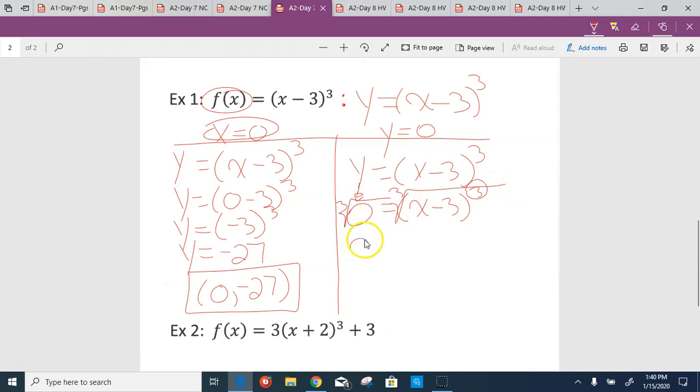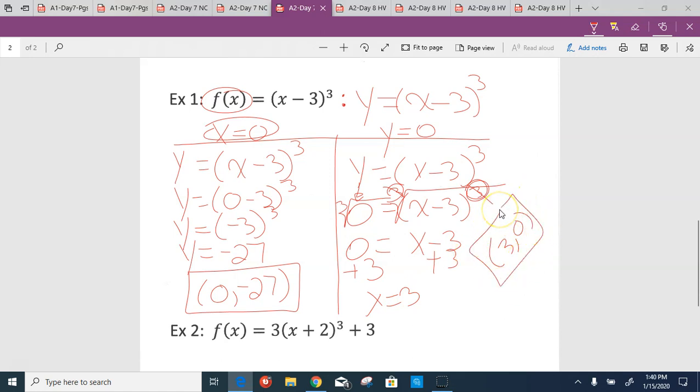The cubic root of 0 is 0. If something is cubed and then cube rooted, those cancel out, and I'm left with whatever's under the radical symbol, x minus 3. Which I really don't need to keep in parentheses anymore, so I can get rid of them. Now I have to get x all by itself. I'll do that by adding 3 to both sides. And now x equals 3. That means x equals 3 when y was 0.